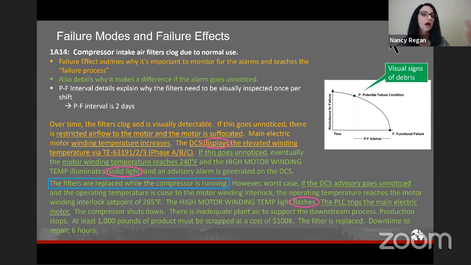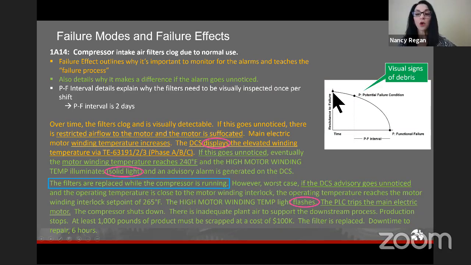Now, are there other indications? Maybe there's a differential pressure gauge. There could be a whole host of other reasons. And that's another reason why it's so important that you have your equipment experts there. Just for our example purposes, let's just focus on visual signs of debris. That is our potential failure condition.